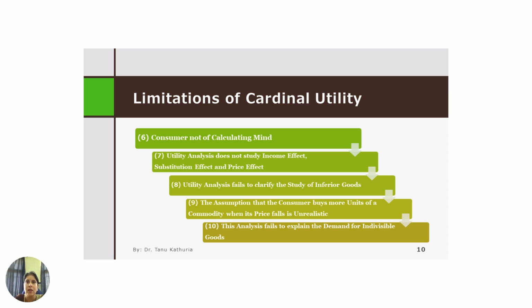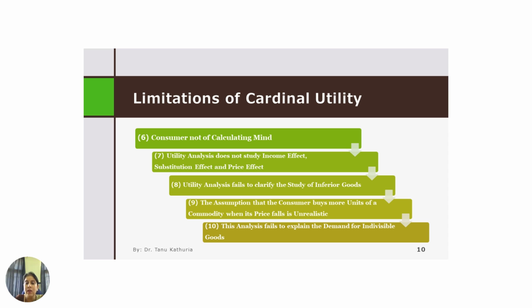I cannot say that I will not consume more because the price has increased. If I need, I will consume more. I cannot say that I will not consume more because my income has fallen. And I cannot say that I will stop consuming tea because its substitute, that is coffee, is available in the market. So that's how we cannot measure these things in the cardinal approach.